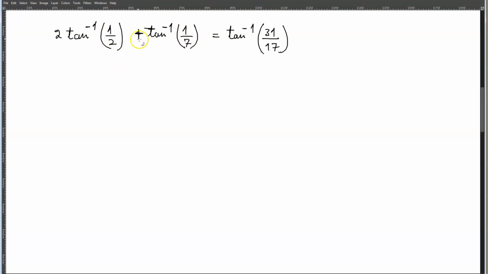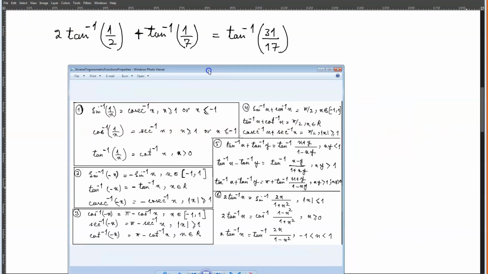So how can we do this one? Here I have a 2.